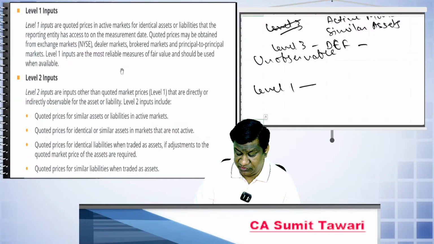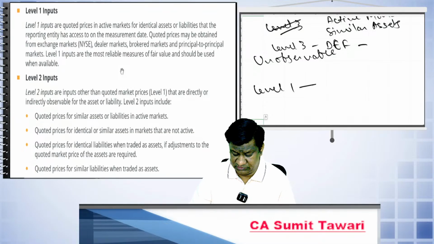Can you give any example of level 1 input? Any guess? Any example?